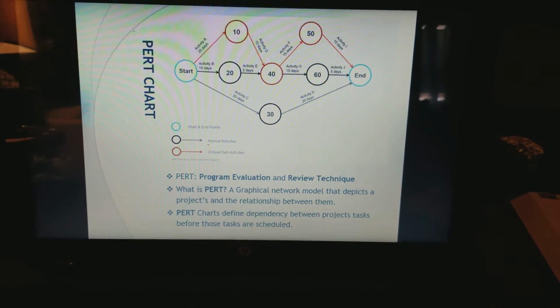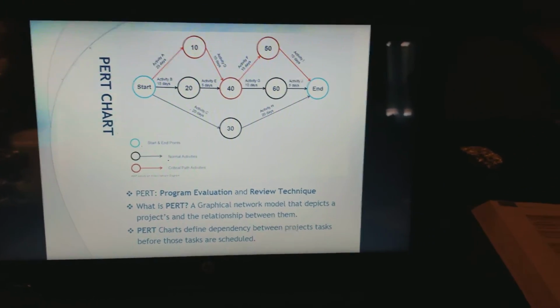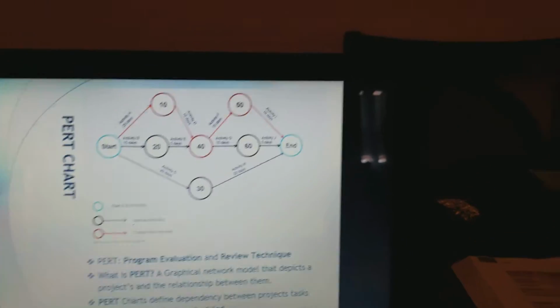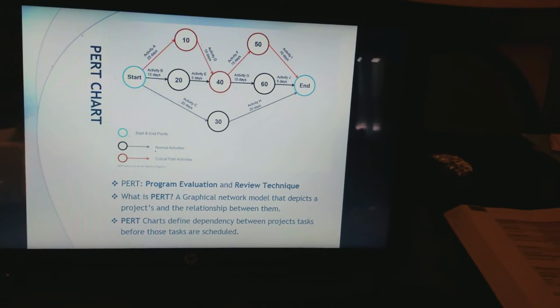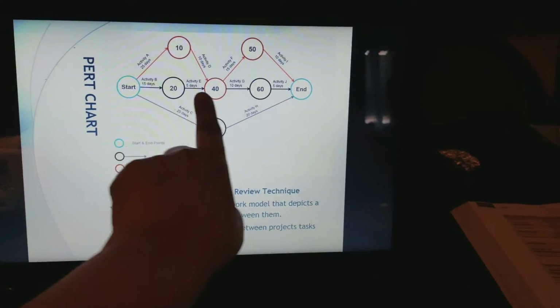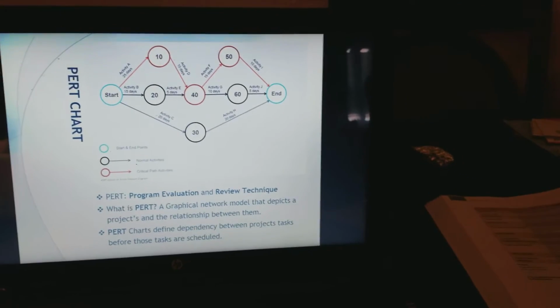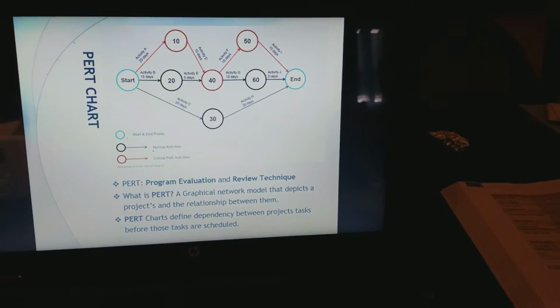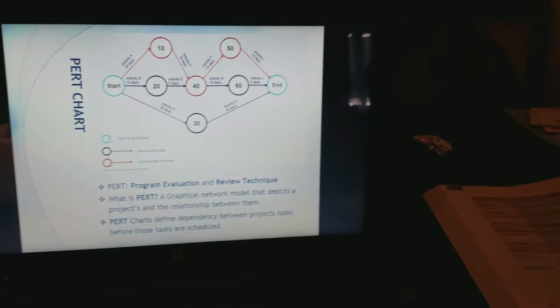The chart represents events or milestones, and those events are in the circles, which are joined by the arrows, which represent the tasks in the project. This chart is a tool that helps to schedule, organize, and coordinate tasks in a project.